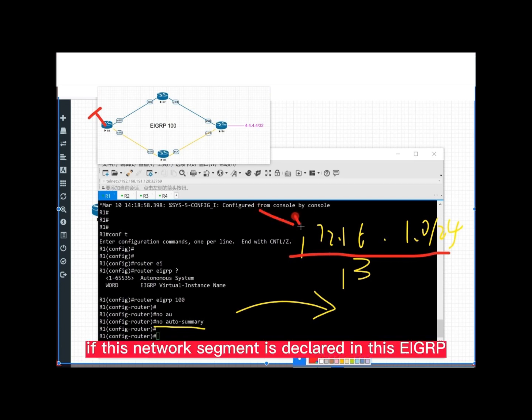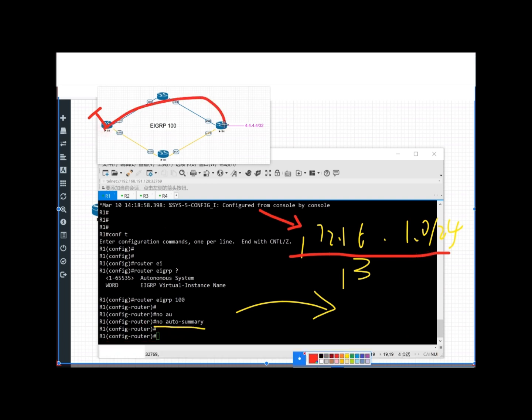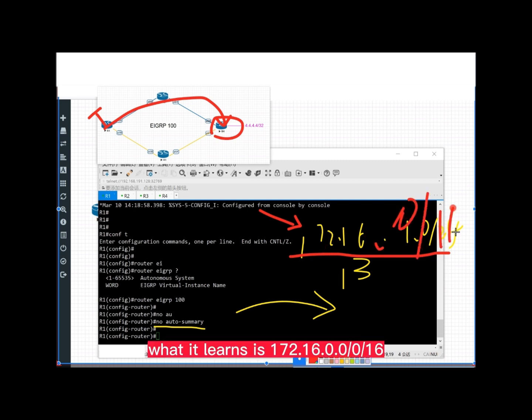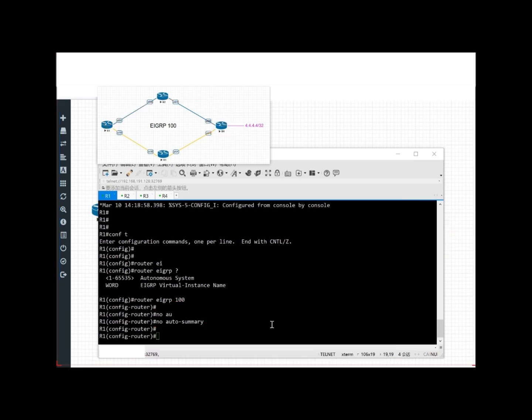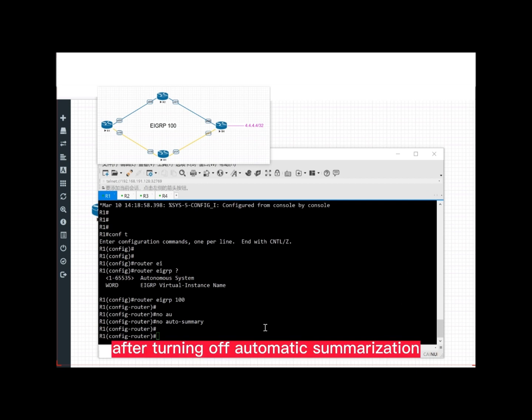If this network segment is declared in EIGRP, but the automatic summary is not turned off, then what R4 learns is 172.16.0.0/16. It learned it wrong. So this command must be entered, turning off automatic summarization.